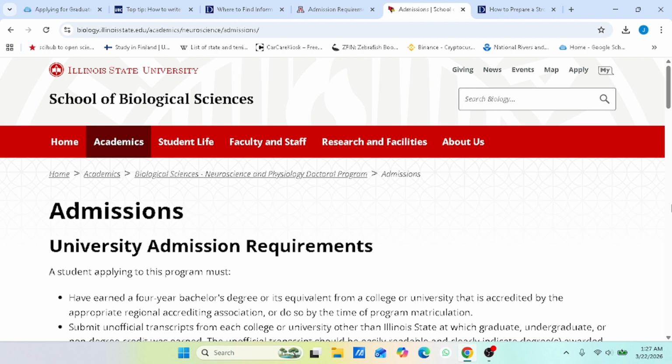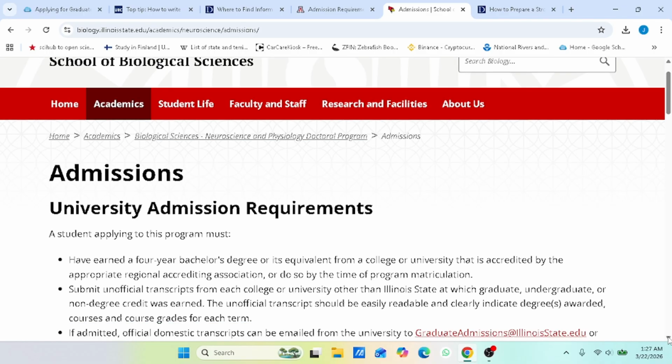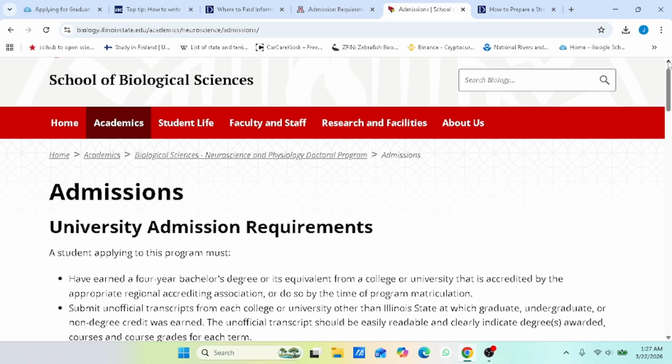Here we have the admissions divided into two parts. The upper part is admission requirements according to the university. In other words, admission requirements according to graduate school at Illinois State University.